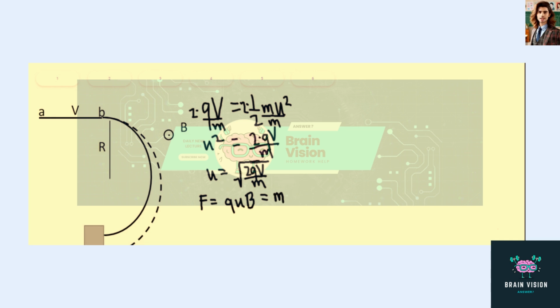And this is given by the mass times the square of the velocity divided by the radius of the circular path. We can further simplify by dividing by u, which gives us qB equals mu over r.